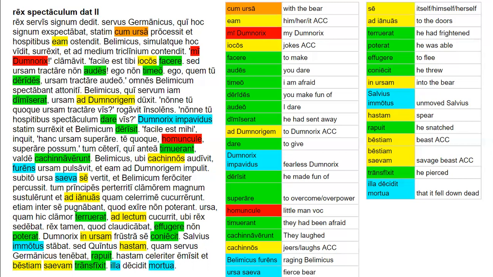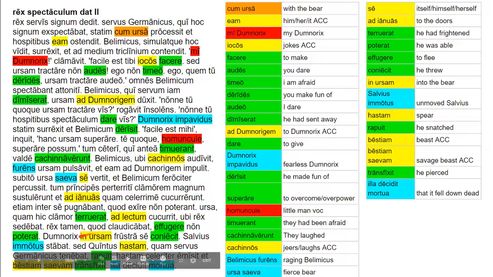I think that I somewhere up above incorrectly identified poterat as perfect tense. It's not perfect tense; it's imperfect tense. My apologies on that one. Yep, and it means that he was not able, taking this complementary infinitive right here, which is effugere, so he was not able to flee.